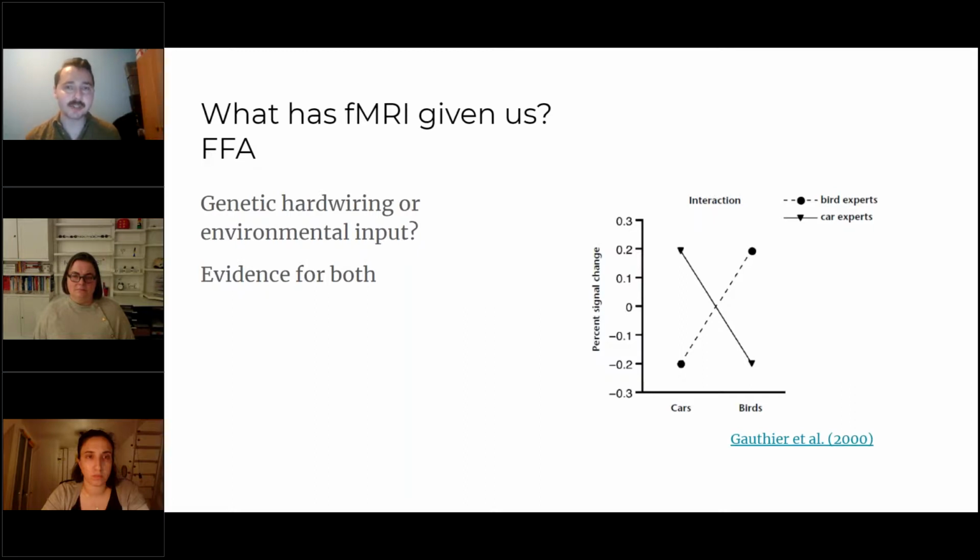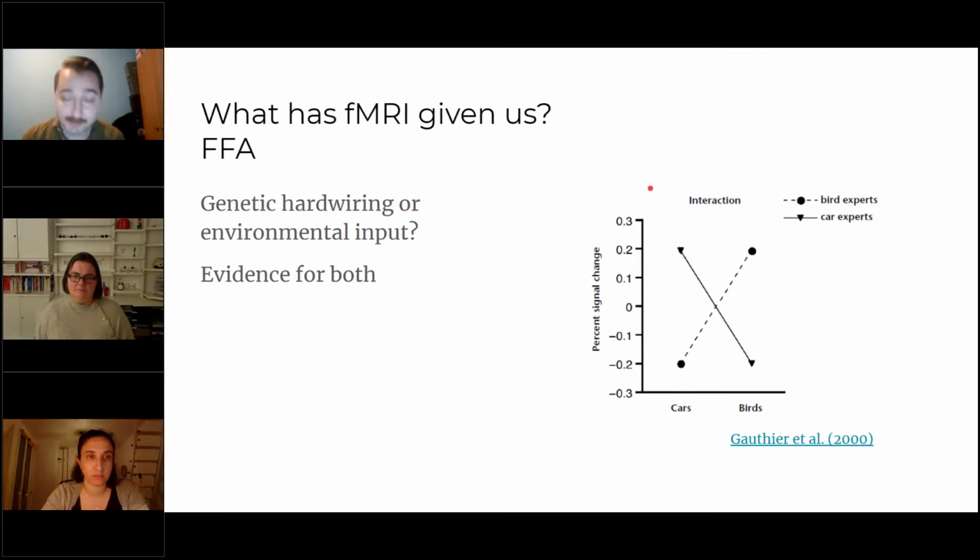Because really what is special about faces is that they look very similar, and differences between individual faces are very small, but humans are very, very good at detecting these differences. So they wondered whether people who are just as expert in detecting subtle differences in other visual domains might also activate the FFA.